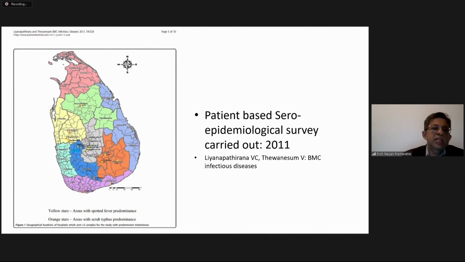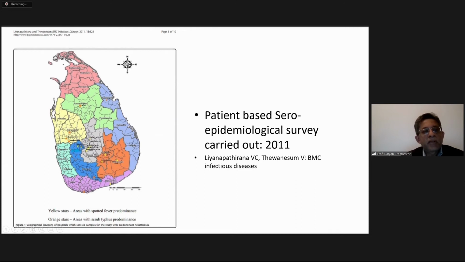If you can see these dots, the yellow ones indicate the predominance of spotted fever group in the hilly central province, and the orange stars, the scrub typhus, you will see they are mainly in the lowland, dry or wet zones. But it does not mean that spotted fever does not exist here.